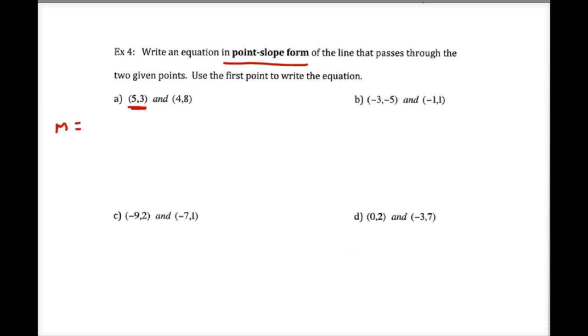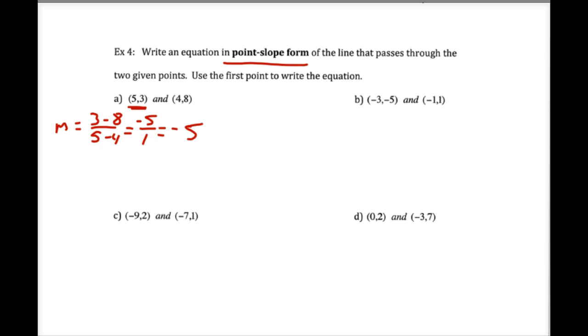Everybody find the slope. It's -5. How'd you get that? It's 3 minus 8 over 5 minus 4, which would equal -5 over 1, which would equal -5. How many people got -5 for their slope? Guys, if you don't know the slope, and you're given 2 points, use the slope formula.